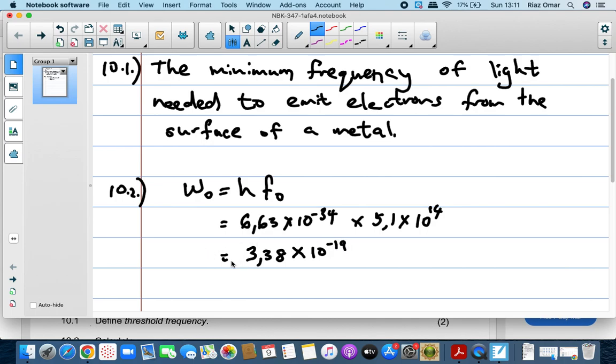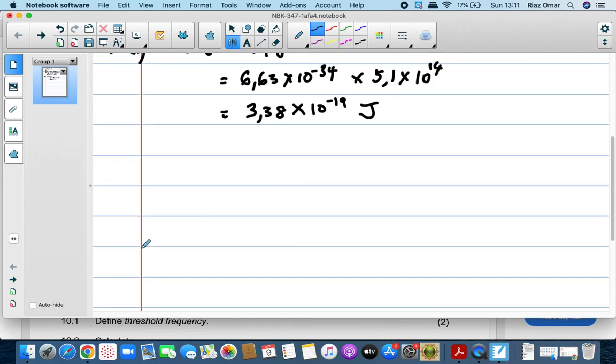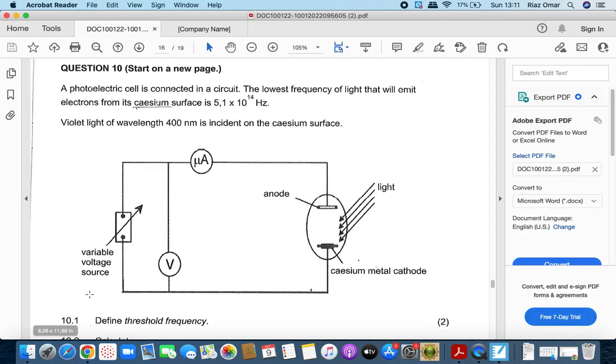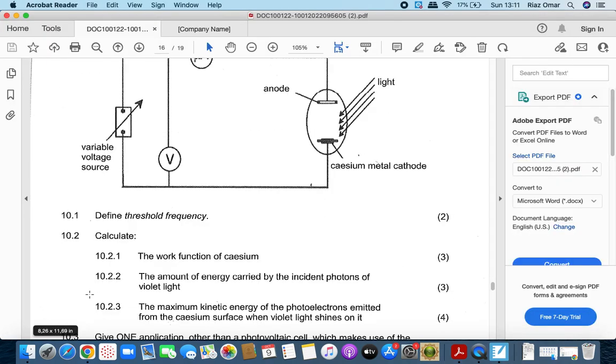It's the work function, so it is measured in joules. That will be 10.2.1. So now we must work out 10.2.2.